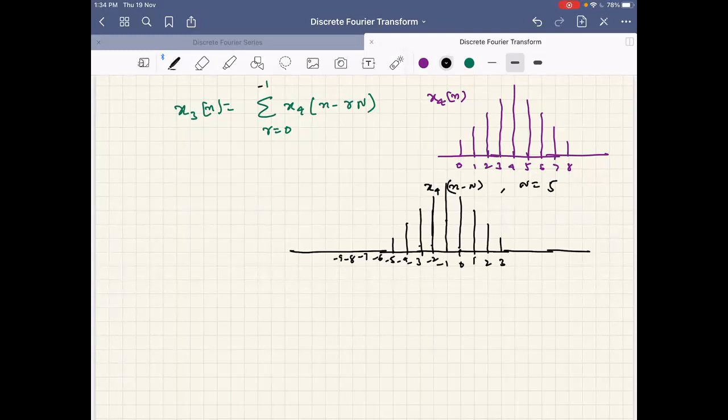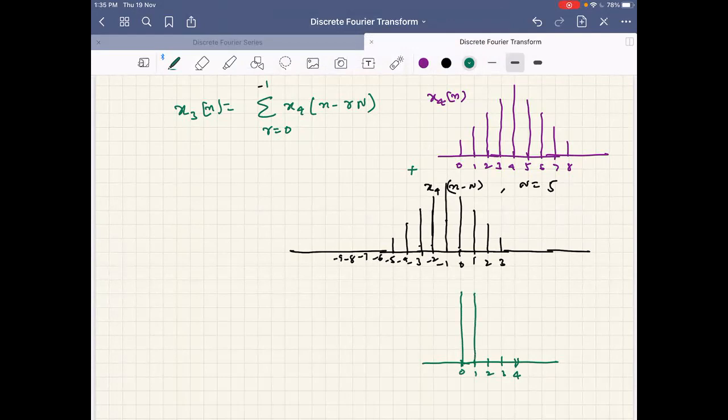Right. Now if we sum these two, in what range should we look for getting x3 of n? We should only look in the range 0, 1, 2, 3, and 4. So the answer here is 4 plus 1, that is 5. Then 2 plus 3, that is again 5.